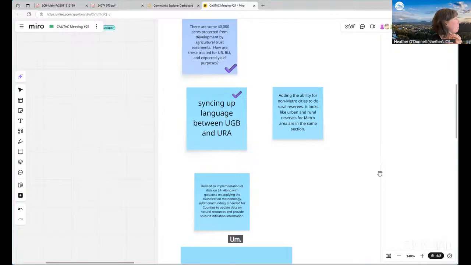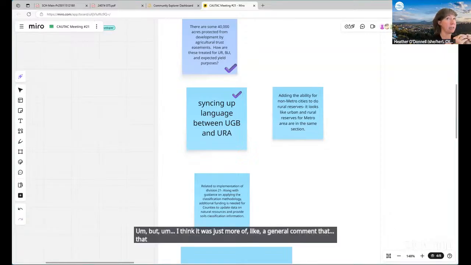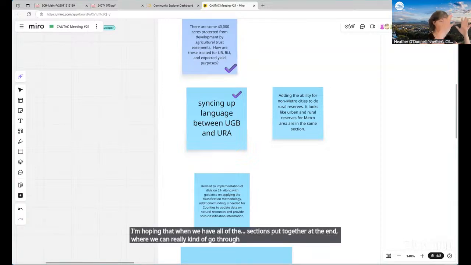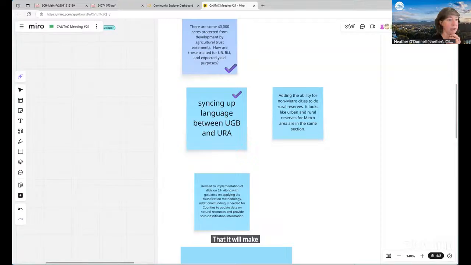But I think it was just more of a general comment that was identified as a takeaway in the memo. I'm hoping that when we have all of the sections put together at the end, where we can really go through how urban reserves flows into UGB expansion, that it will make sense.